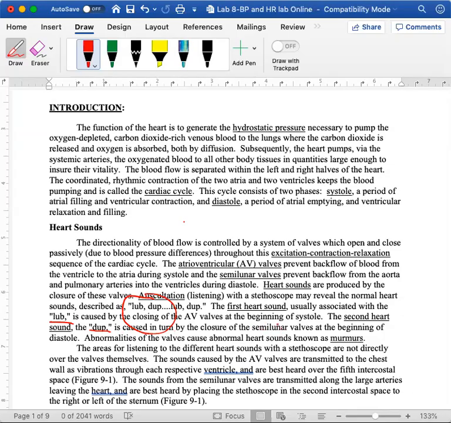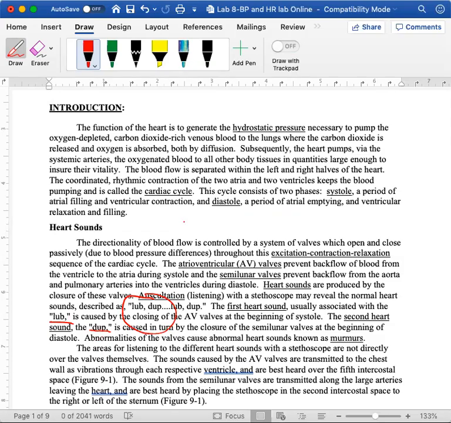And so typically we would listen to the heart sounds first, the lub and dub. You're going to hear the lub in between the fifth and sixth intercostal space, and then the dub in between the second and third rib in that intercostal space on the left hand side.